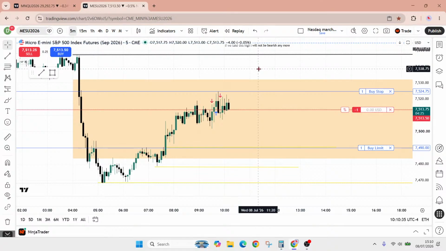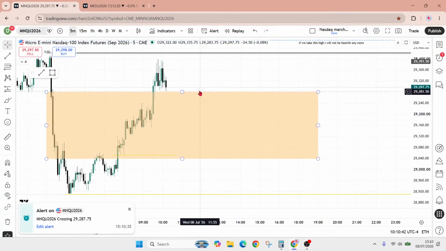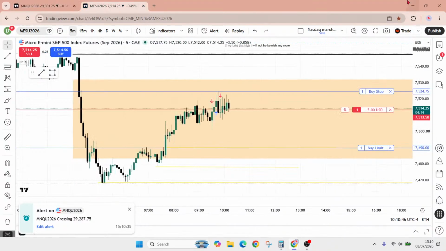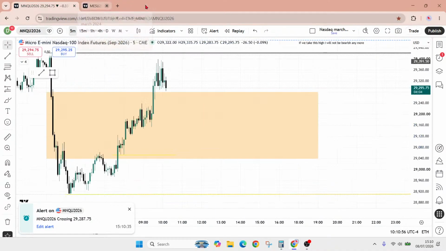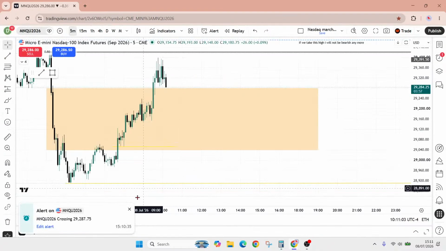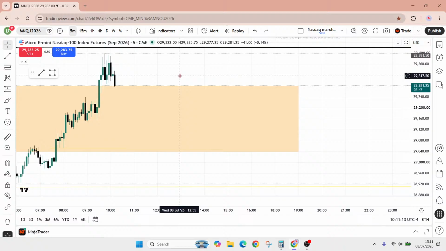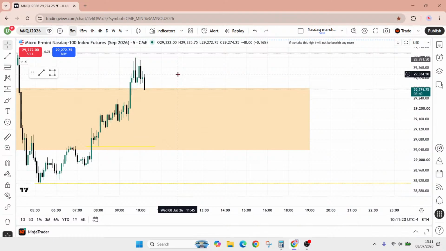NQ is going to break. NQ broke, guys. So how do we do with this? Going to leave this position. I want to look for an entry on NQ, to look for a fair value gap.